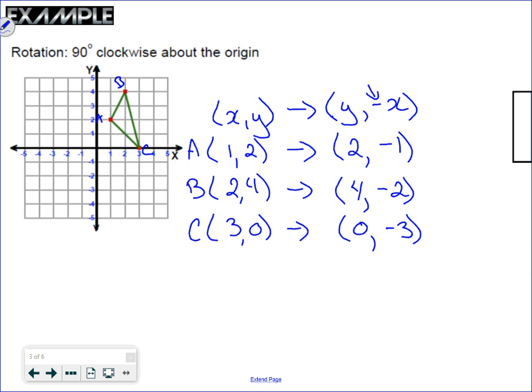Our A prime is going to be at 2, negative 1. B prime will be at 4, negative 2. And our C prime will be at 0, negative 3. So now our triangle has been rotated 90 degrees about the origin clockwise, which means to the right.